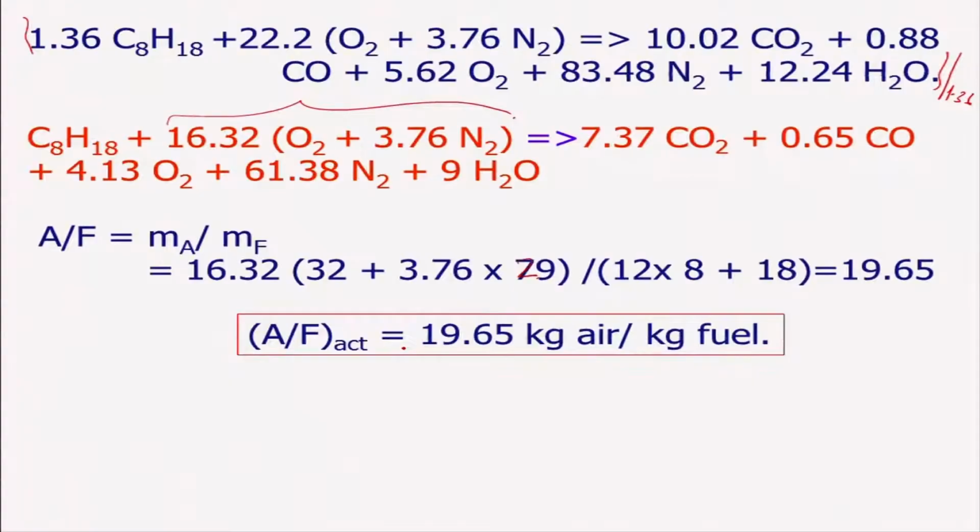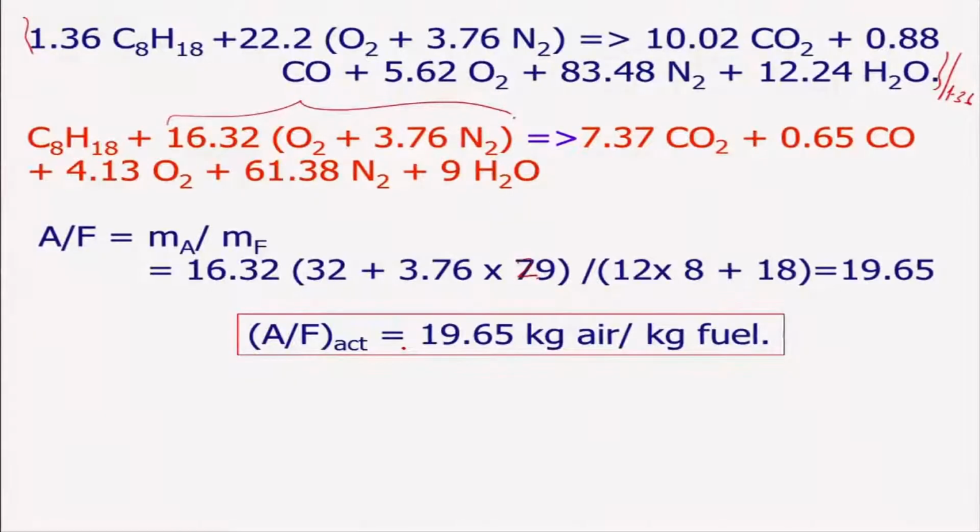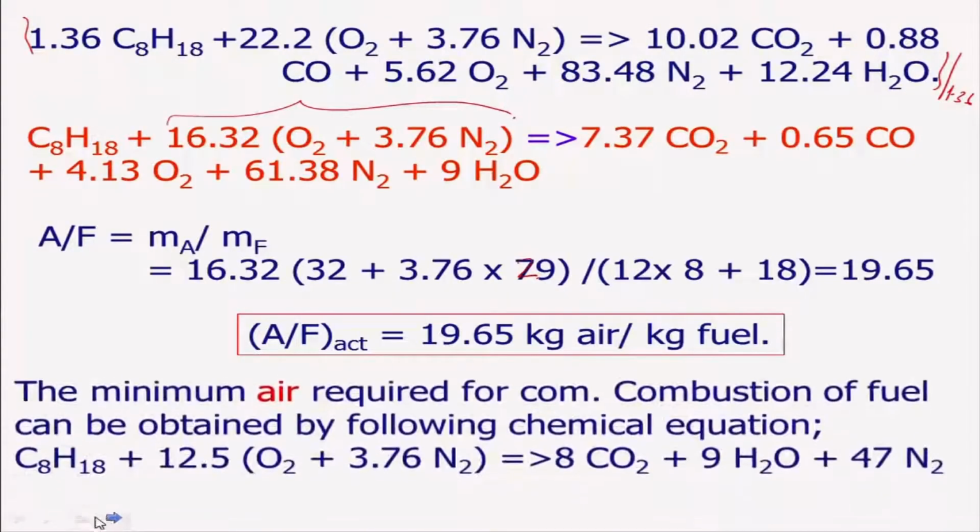Then we need to find out for 1 kg of this octane how much air you will have to give for complete combustion theoretically. So, that we will have to find out, because we are interested to find the equivalence ratio.